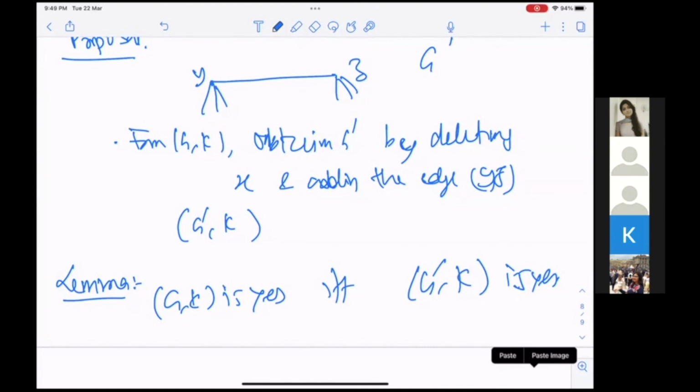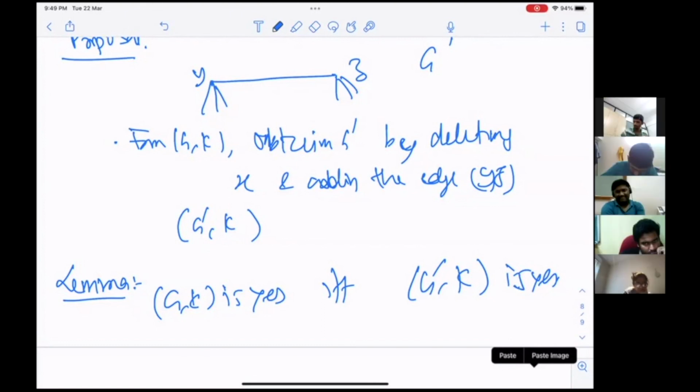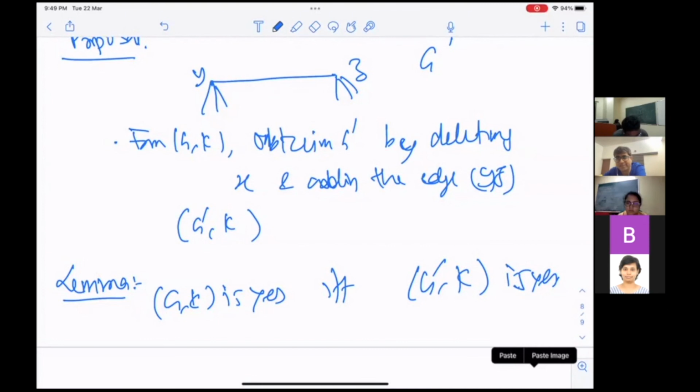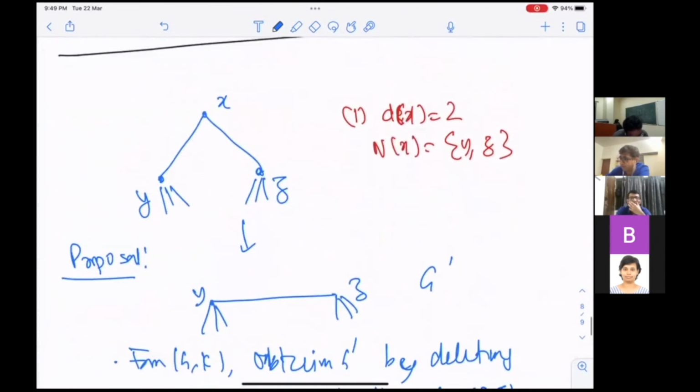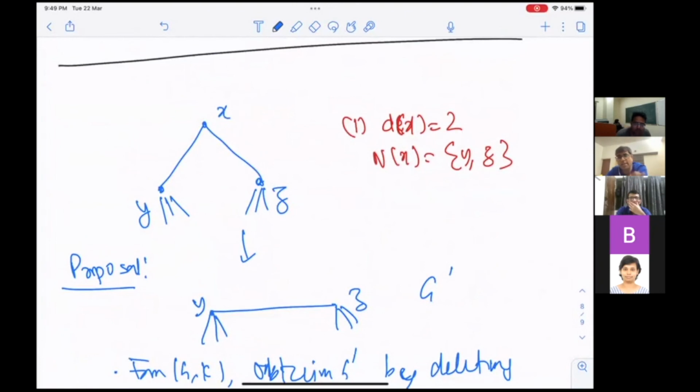How many of you believe her? Let's just try to prove it, no? Do we have any information about the degree of y and z? Nothing. Did I write anything? All I know is that the degree of x is 2 and its neighbors are y and z.